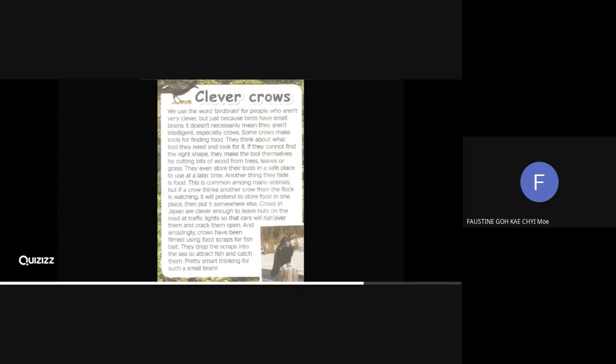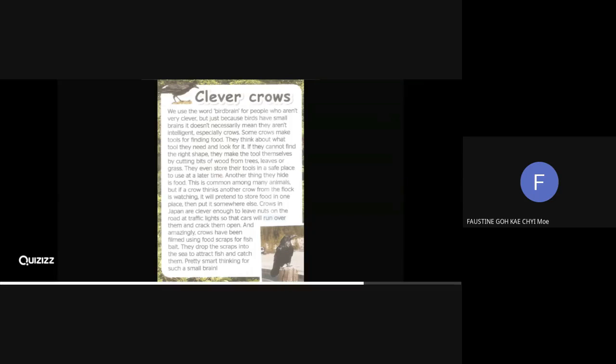Crows in Japan are clever enough to leave nuts on the road at traffic lights so that cars will turn over them and crack them open.